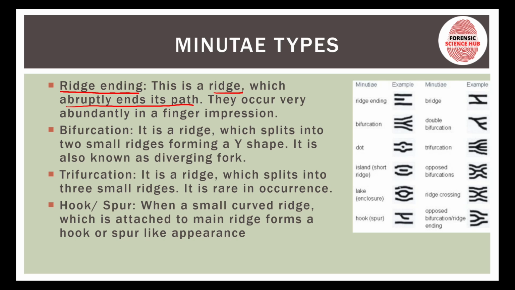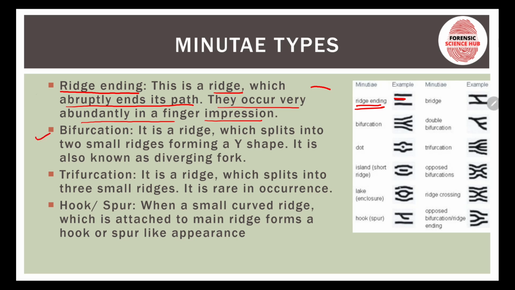So a ridge ending is a ridge that is ending its path. They occur very abundantly in a fingerprint impression. Since there are a lot of ridges, they are going to end simply like this. This is a ridge ending. Here you can see in this picture, this is a ridge ending, and they are present in large amounts since there are a lot of ridges in our fingerprints.